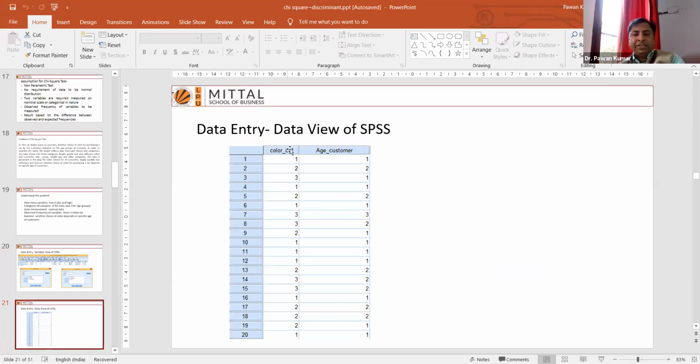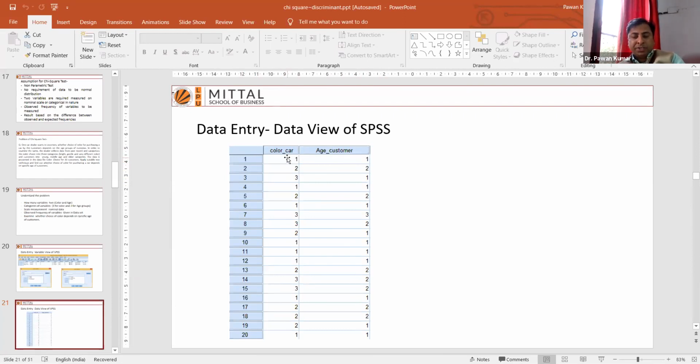The first variable is the color of the car, and the second variable is the age of the customer. One means the label or coding, one may be a bright color, two another color, and three another color. And for age of customer, please try to understand the data first. The first respondent has a color choice of 1.